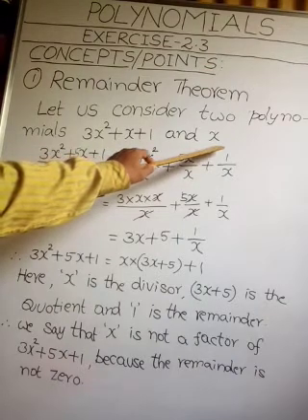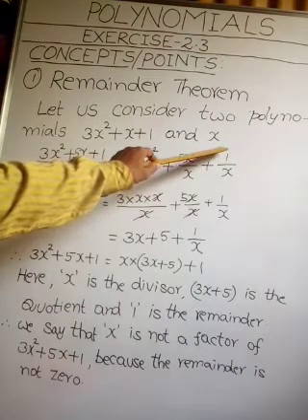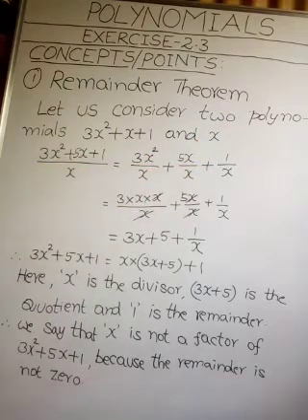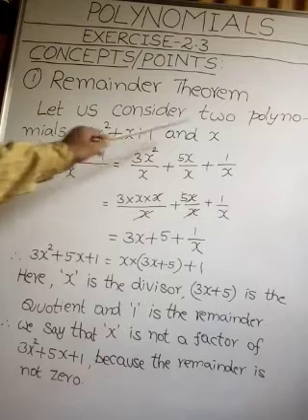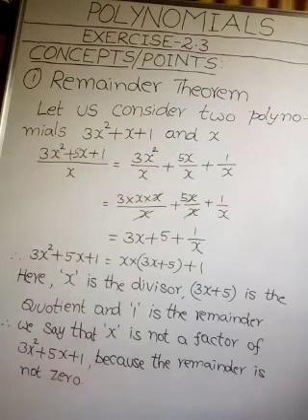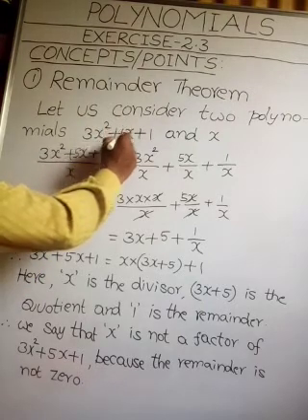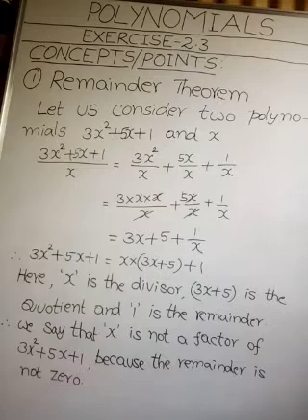Which type of polynomial is this? This one is a monomial, because one and only one term is there. So we are dividing this polynomial by this monomial. We proceed as we have done for the previous example. So we write 3x square plus 5x plus 1 divided by x.